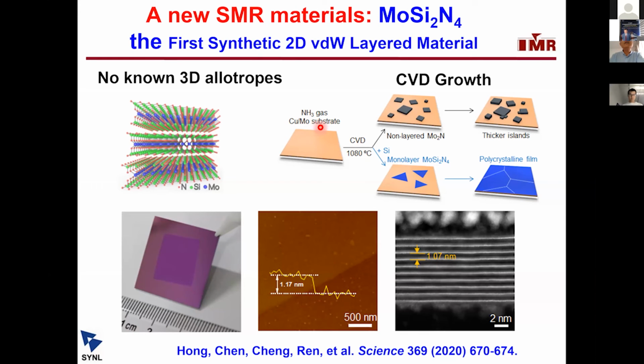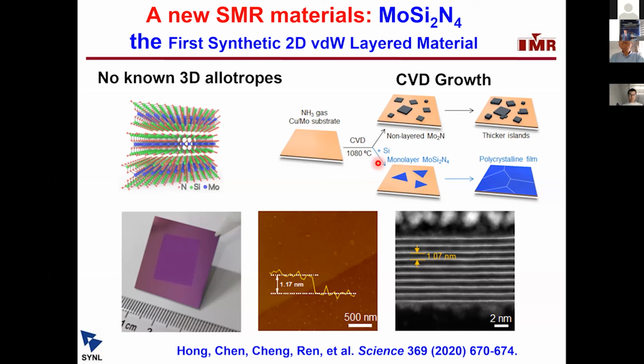Some years ago, we developed a CVD process based on two-metal substrates. So here we use copper molybdenum substrate and ammonia gas to supply the nitrogen source.